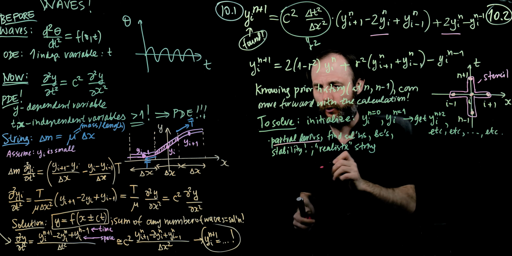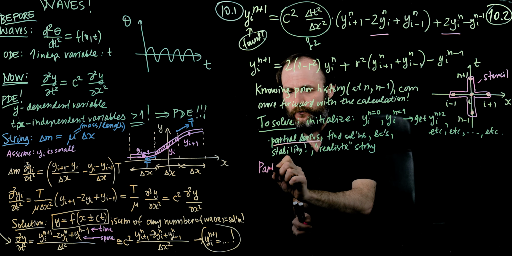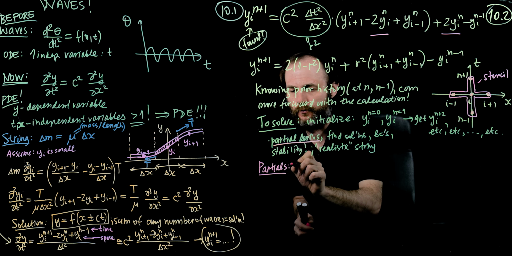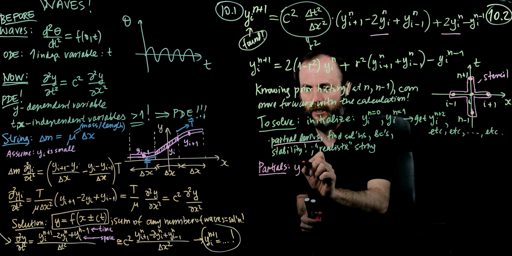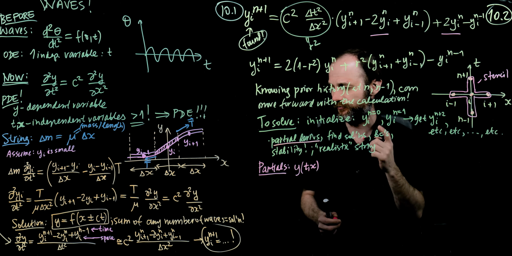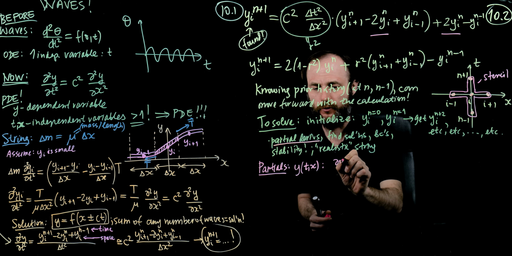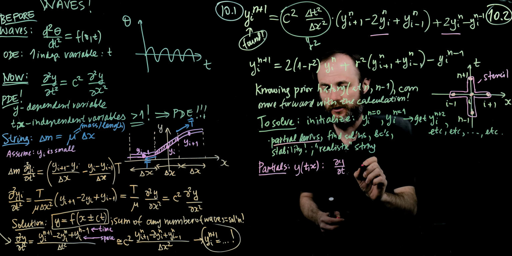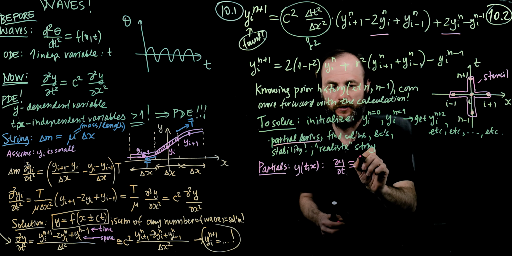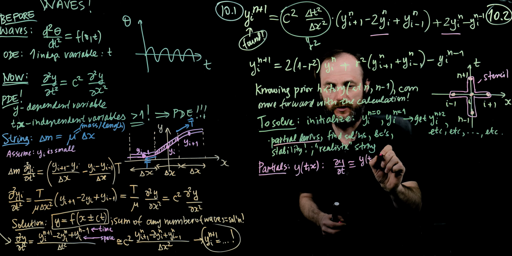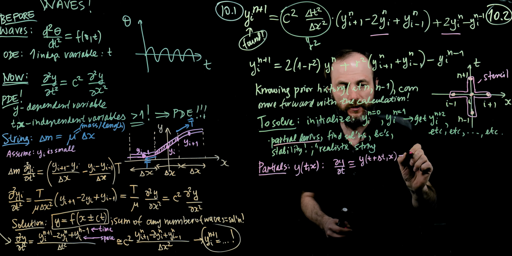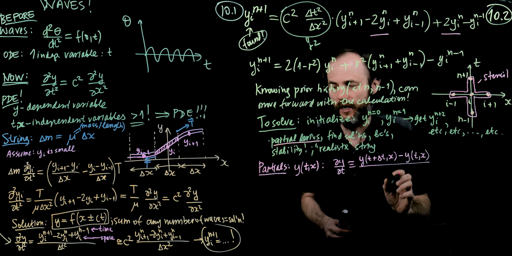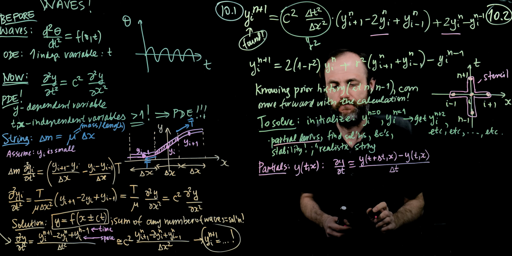And so what the partial derivative actually does is, if you have a function y of t, x, then when you compute dy/dt, that is y of t plus delta t, x, minus y of t, x, all of that divided by delta t.